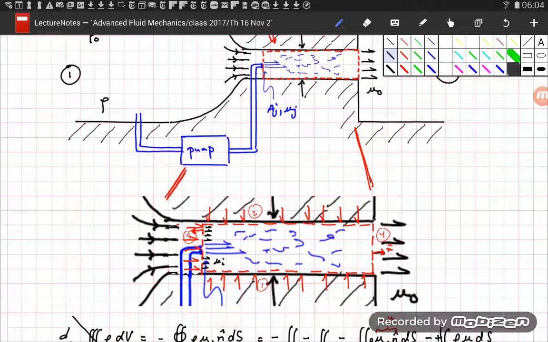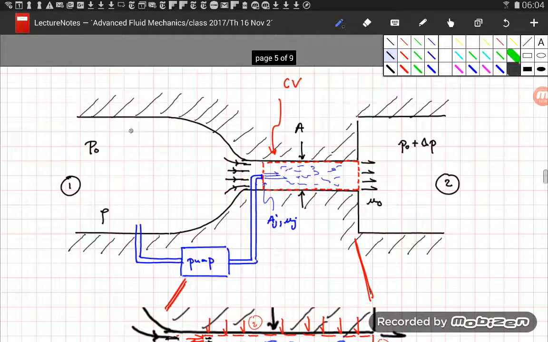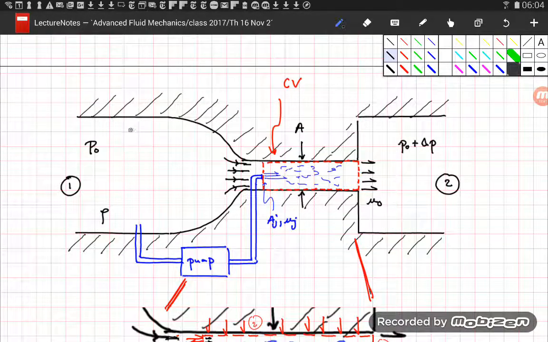We can find it from Bernoulli. So we know here that the flow is laminar in this region. We know that the flow is at rest in compartment 1. So if we follow a streamline somewhere here, at some point we have a point where the pressure is P0 and the velocity is 0.